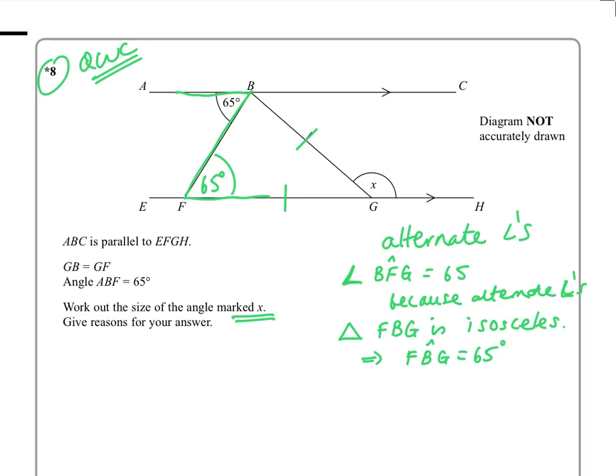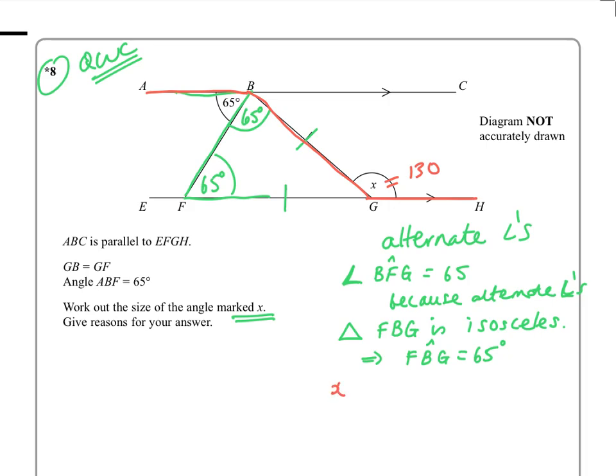I think that would be enough. And so we know that this is 65 also. And then I would personally use alternate angles again. So I'd have alternate, 3 syllables, 3 strokes of the pen. So alternate angles. And then I'd say x is 130.